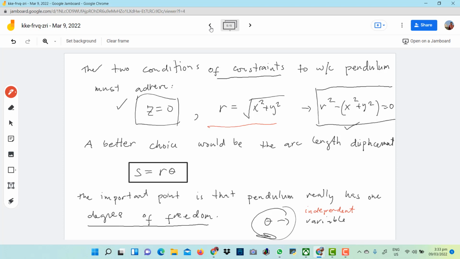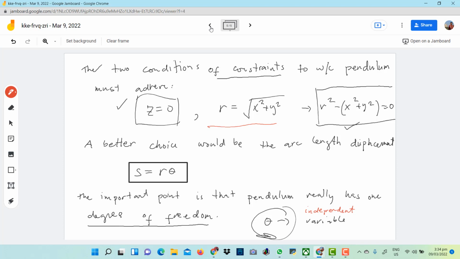In the Cartesian plane, the independent variable is only x. Because when you change x, y also changes, since y is fixed by this equation. y depends on the value of x. So y is dependent on x, meaning y is not an independent variable. Only x is the independent variable. You can use x or you can use y. Same thing, the answer is the same.